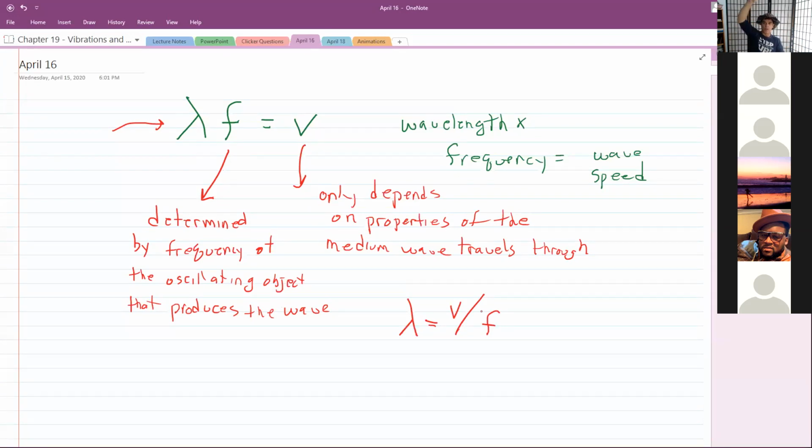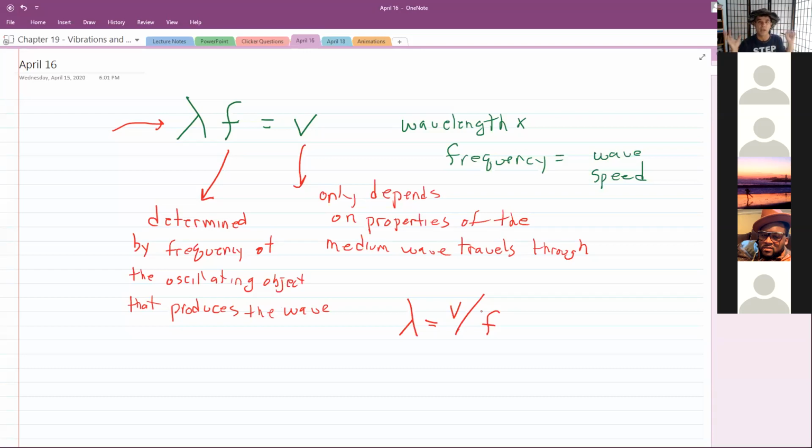If I wanted to produce a wave with a high amplitude, I would oscillate much more. How frequently I oscillate is going to determine the frequency of the wave. So a low frequency wave is one that's not oscillating very quickly. A high frequency wave is one that's oscillating much faster.